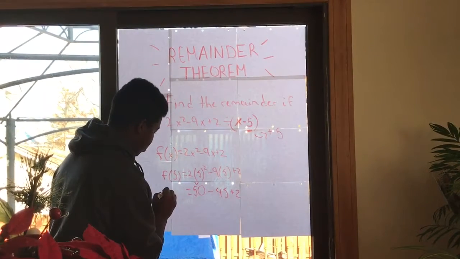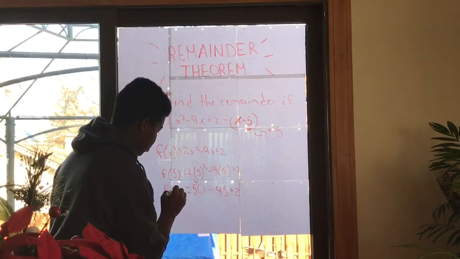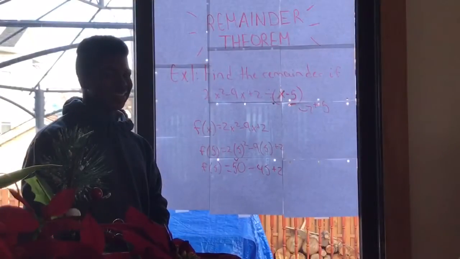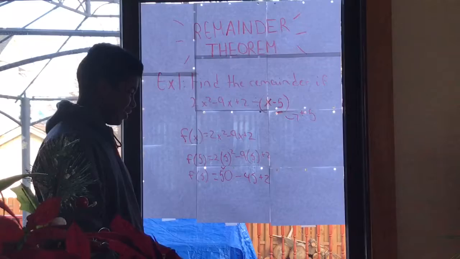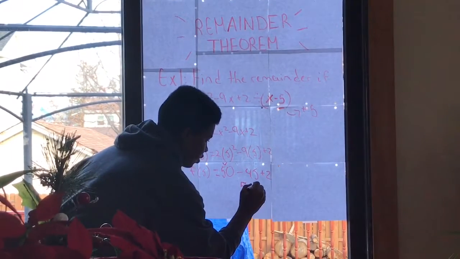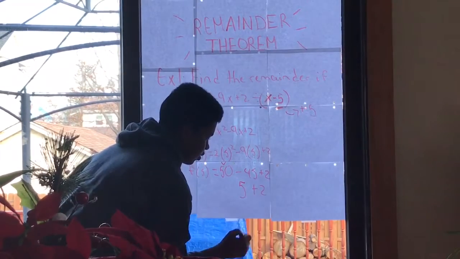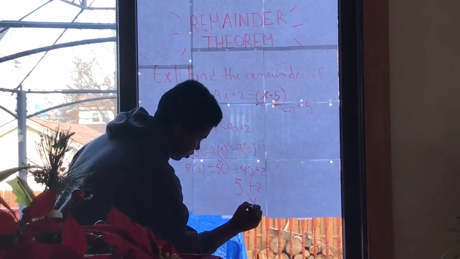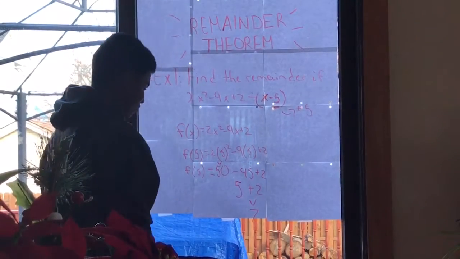And then we're going to simplify more from there. So we're going to take 50 and subtract 45, which will give us 5, and then we're going to bring down the 2. So we're going to add 5 plus 2, which equals 7. So 7 is our remainder.